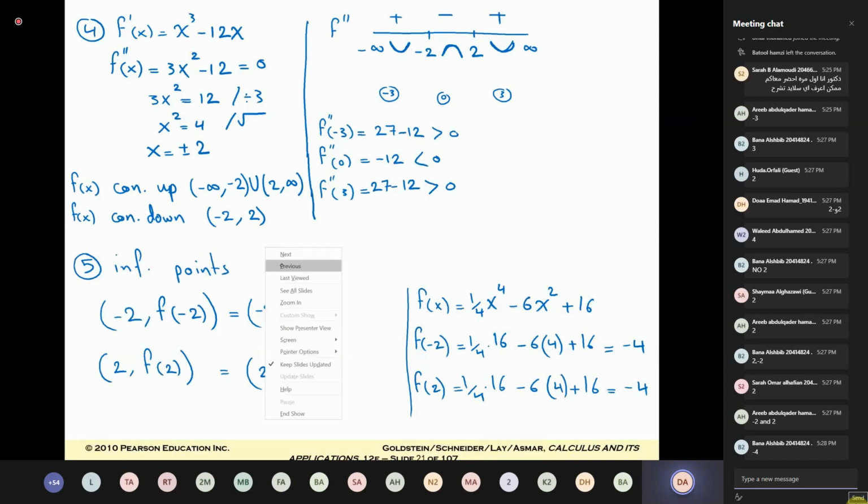Number 6, sketch the graph. Put in the main points. You can put in extra points, no problem. But the main points, the maximum, minimum, and inflection points, must be put in as they are.